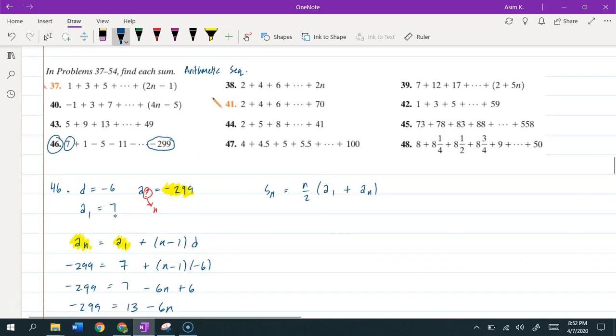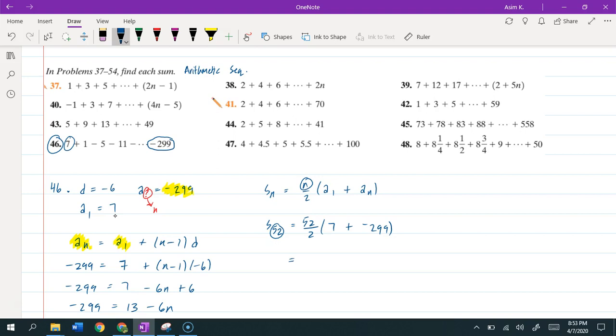And so here is what we have. S sub 52. Look, now I know what term that number is, so I'm going to put 52, and this number will also become 52. See that, right? The first term was 7, and the last term was negative 299.